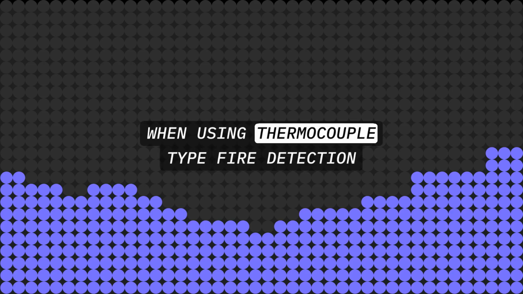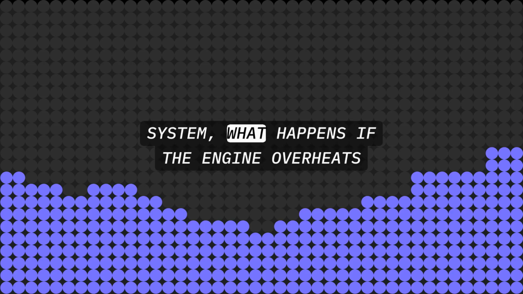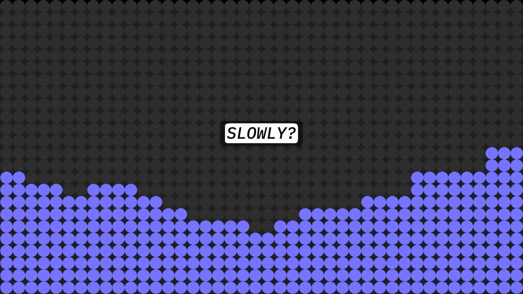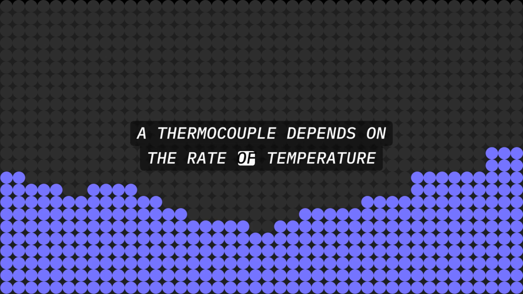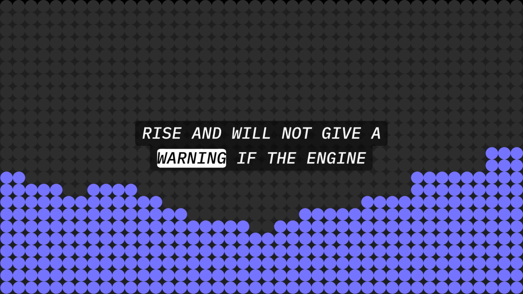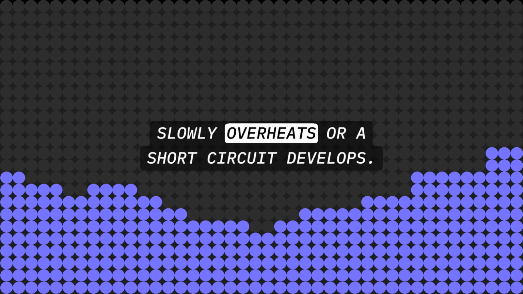When using a thermocouple type fire detection system, what happens if the engine overheats slowly? A thermocouple depends on the rate of temperature rise and will not give a warning if the engine slowly overheats or a short circuit develops.